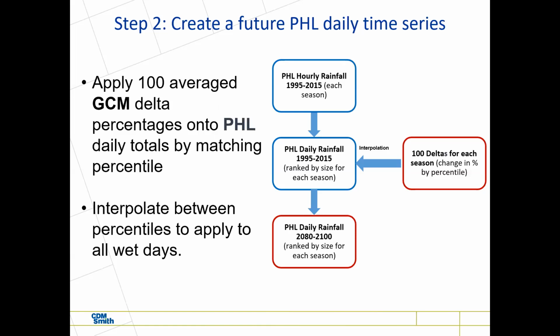So you take the 99th percentile storm or wet day in the Philadelphia gauge, you apply that percentage that you calculated using the GCM, and so forth, all the way down 100 to the first percentile. Then because you have about 4,000 of these wet days and you're only doing 100 of them, you interpolate in between and you end up with a daily rainfall for 2080, 2100 based on the Philadelphia gauge.